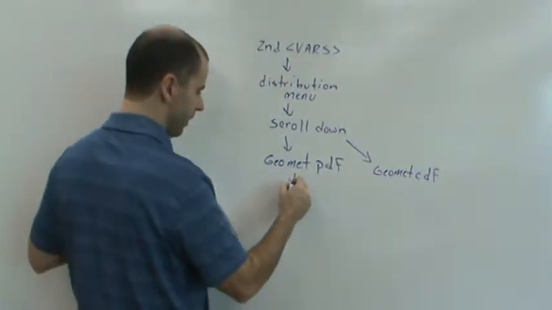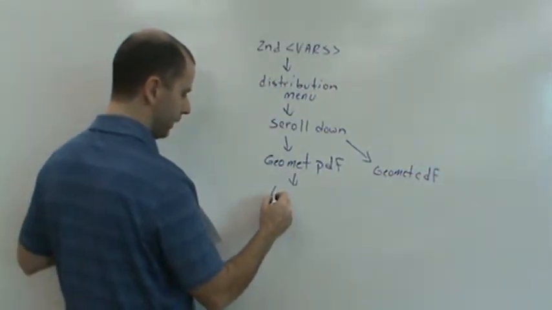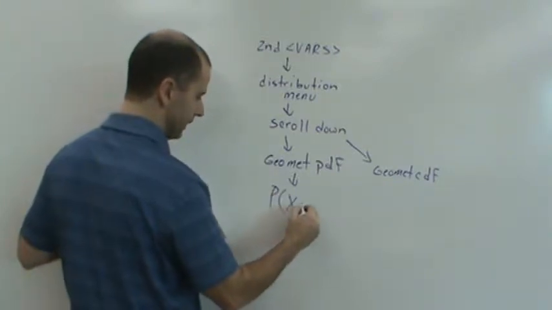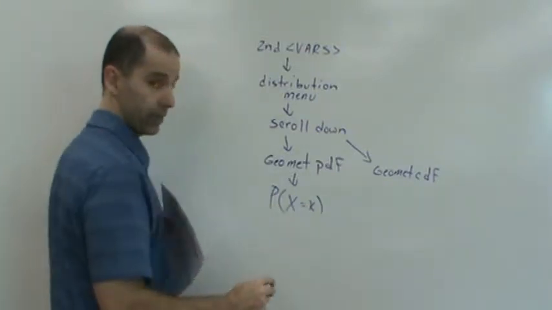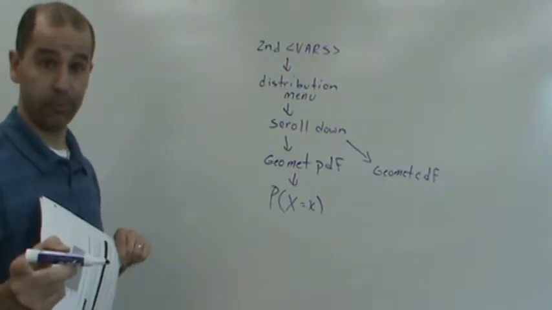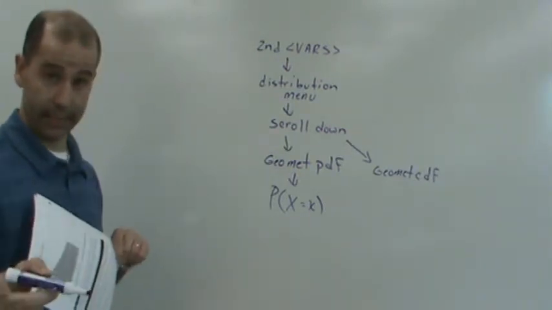So this here will give us the probability of x equal to a particular value of x, just like binomPDF.